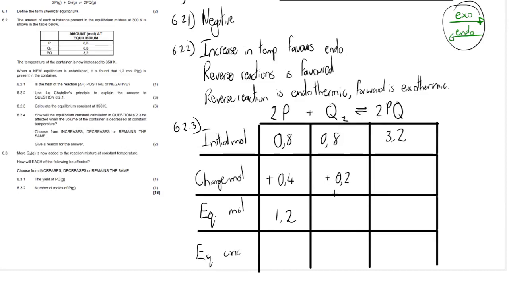And so that's going to be 0,2, because for every 2 of P, only 1 of Q is needed, or is created at least. It's a 2-to-2 ratio, and here again, it's going to be 0,4, but because the reverse reaction is favored, it's going to be subtracted, right? And so we end off with 2,8 over here.